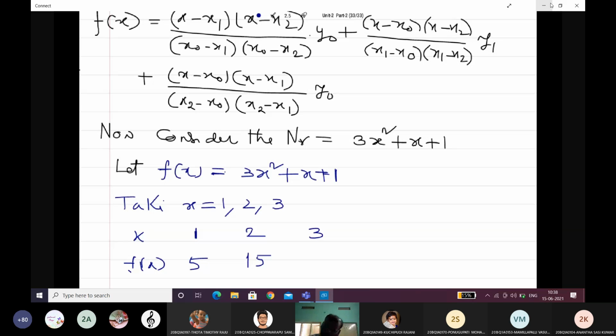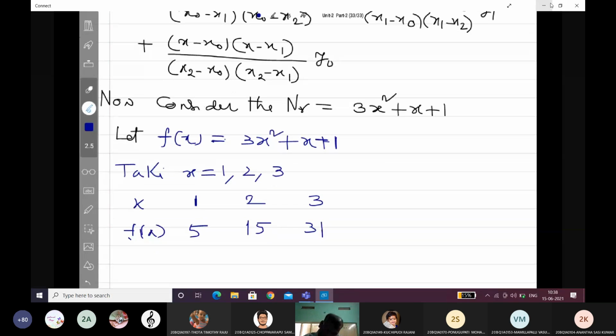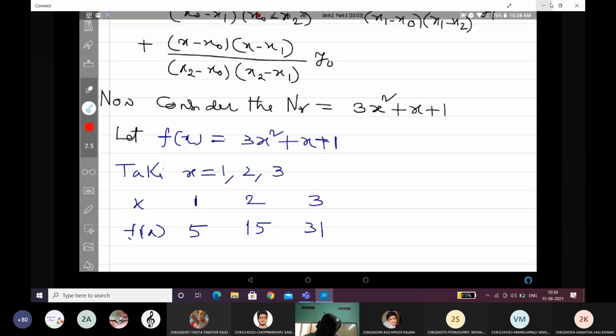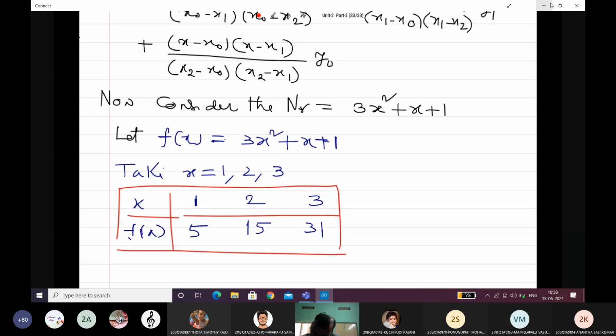Then next x is equal to 3, 3 square is 9, 9 into 3, 27, 27 plus 3, 30, 30 plus 1, 31. This is the table value. Very easy. We only have to remember how we are going to find the values.